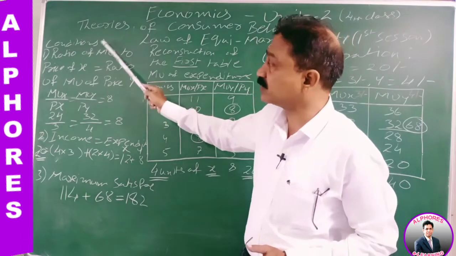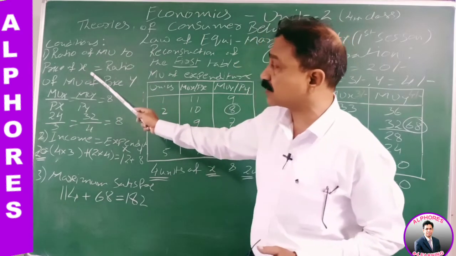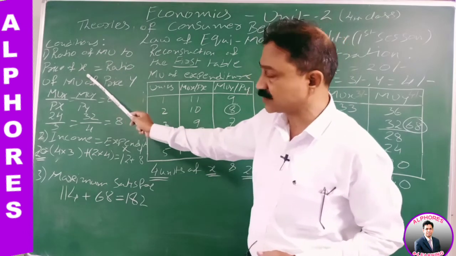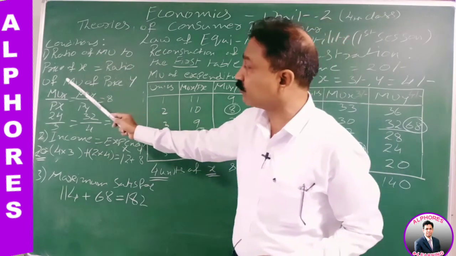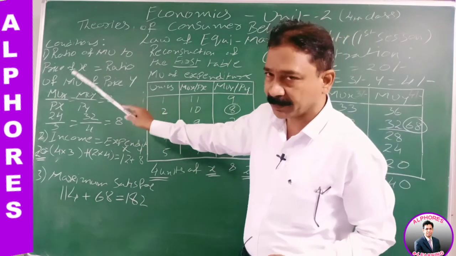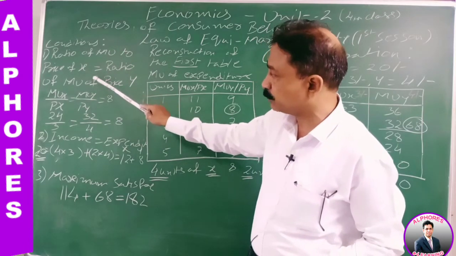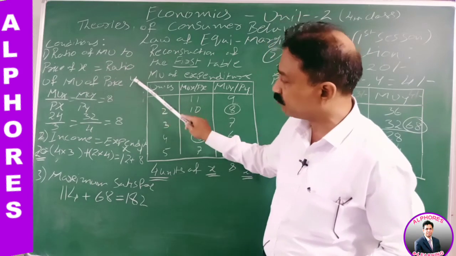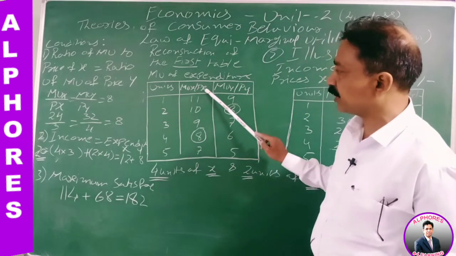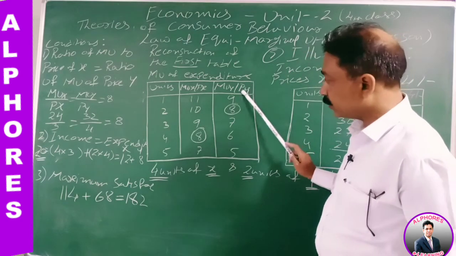Condition number 1: the ratio of marginal utility to price of X should be equal to the ratio of marginal utility to price of Y. This has been presented here as a mathematical equation: MUX by PX equals MUY by PY.